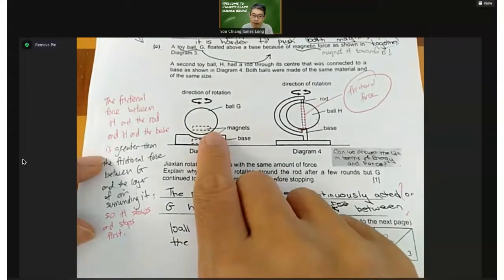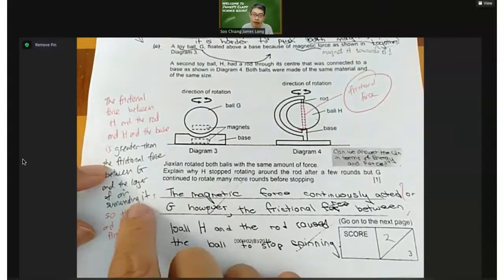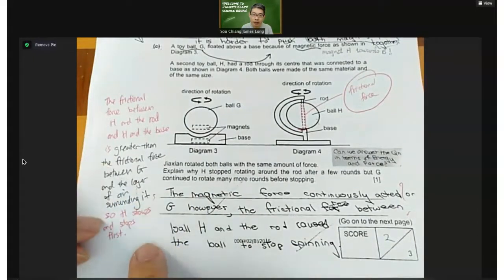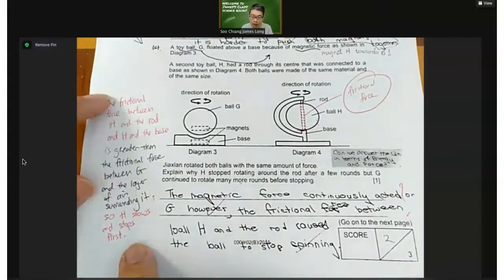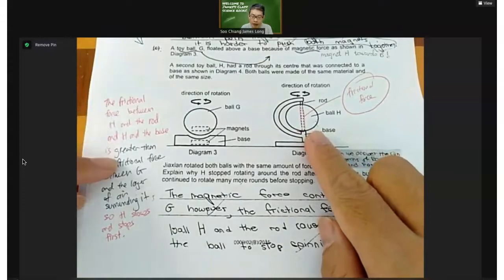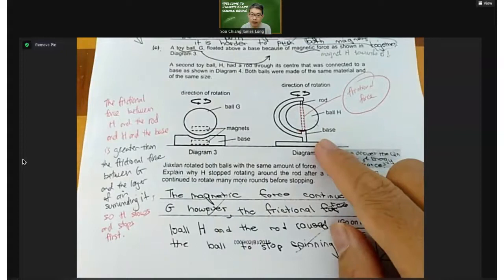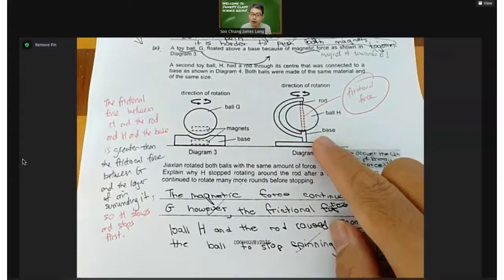Compared to this, the frictional force here is only between G and the layer of air surrounding it. So of course H slows and stops first. So the comparison is here. The frictional force between H and all this is greater than the frictional force between G and the air. So since there's a greater frictional force, it slows down and stops first.